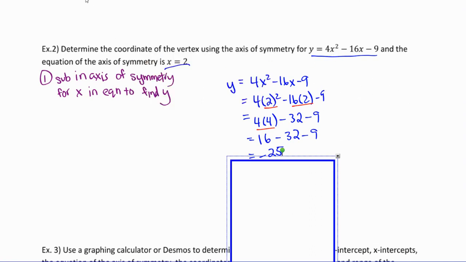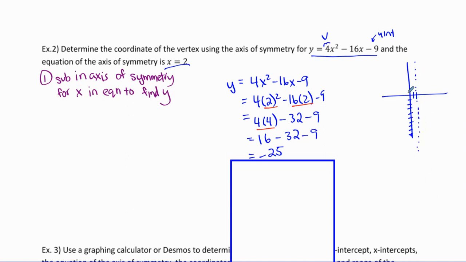It's usually a good idea to take a look and make sure your answer makes sense. If we take a look at this equation, I can see from the a value that it's going to be opening up. I know that my y-intercept is going to be down here at negative 9. So 1, 2, 3, 4, 5, 6, 7, 8, 9. At negative 9, and the equation of my axis of symmetry is 2, right here. So I know that it's going to be symmetrical along this line.